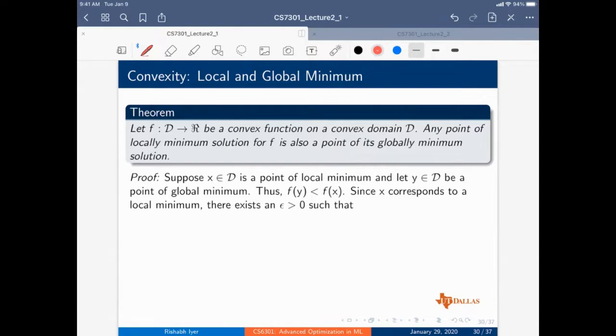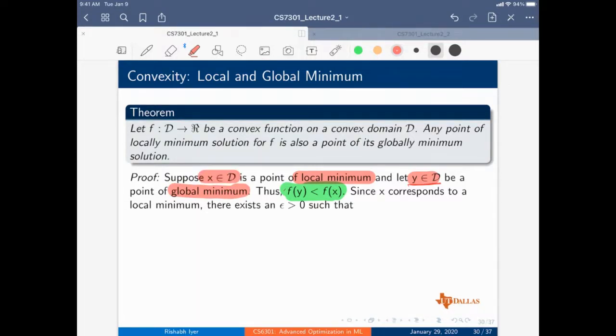What that means is that there must be some other point which is a global minima with a lower value, so there exists a y in D such that f of y is less than f of x. Here x is a local minima and y is the global minima.